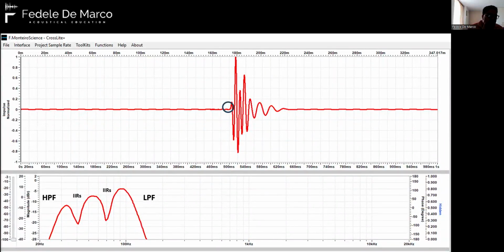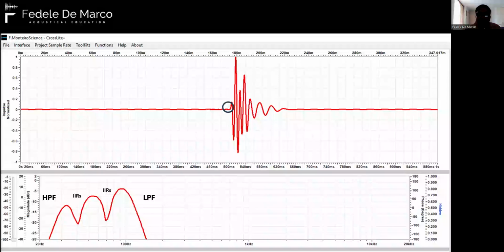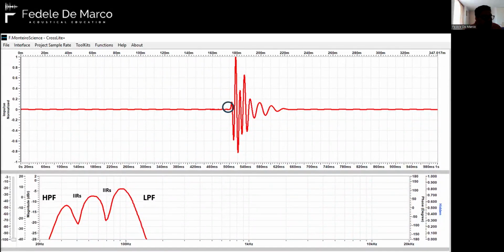But if we look at the start point of the impulse response, it stayed where it was, okay? The first rising point of the impulse response stayed where it was at the beginning. And this represents the first arrivals from the system.